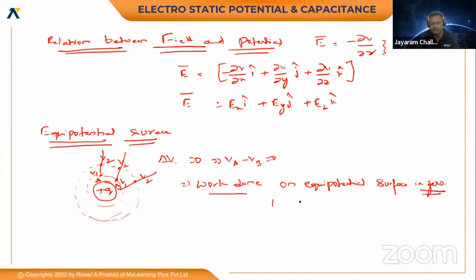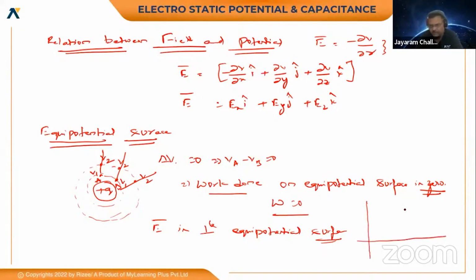That is W is equal to 0. So electric field E bar is always perpendicular to the equipotential surface. Remember that particular point. Generally, these types of questions will be given to you on the equipotential surfaces.